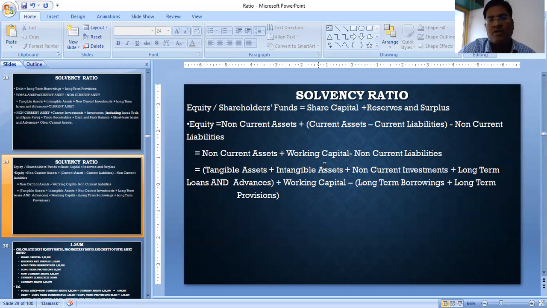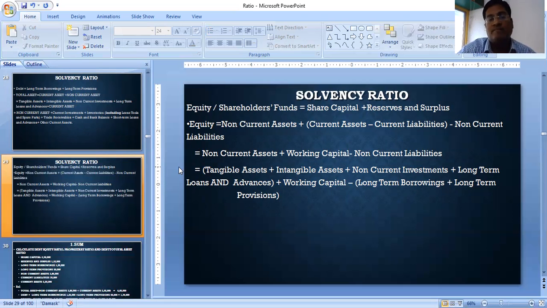Non-current asset plus working capital minus non-current liabilities is also equity. By any means, whether you take from the liability approach or from the asset approach, you can get equity. See, asset approach: tangible assets, intangible assets, non-current investment, long-term loans and advances, plus current asset minus current liability minus long-term liabilities is nothing but equity.